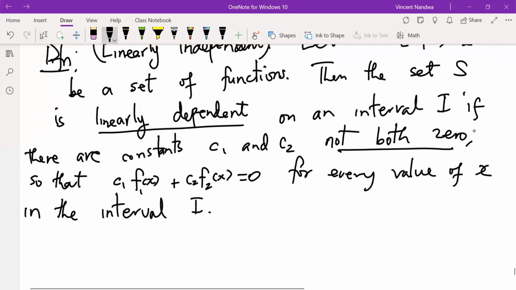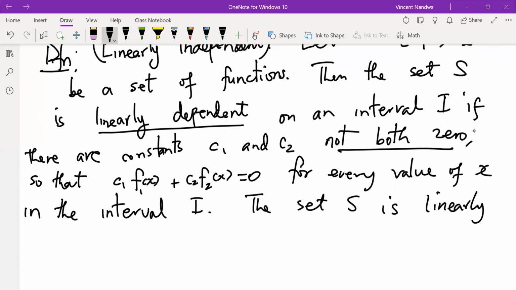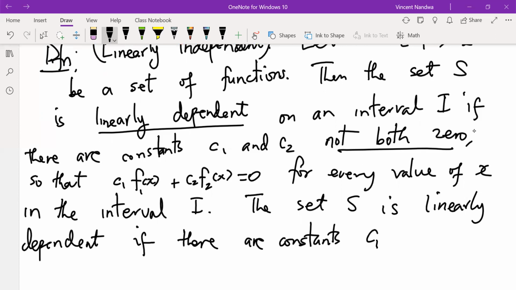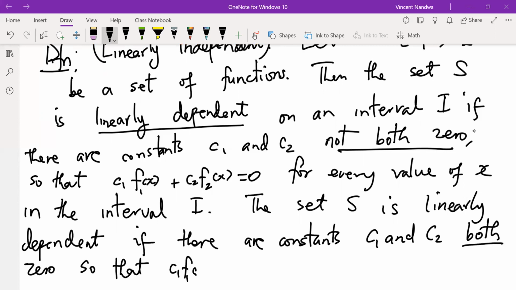Now, S is linearly independent if the only constants C1 and C2 that make C1 f1 of x plus C2 f2 of x equal to zero for every value of x in the interval I are both zero.